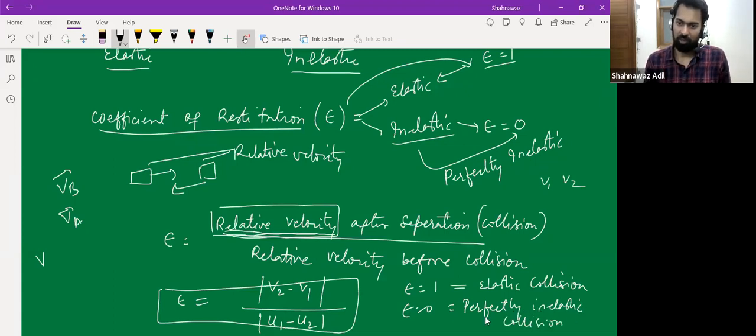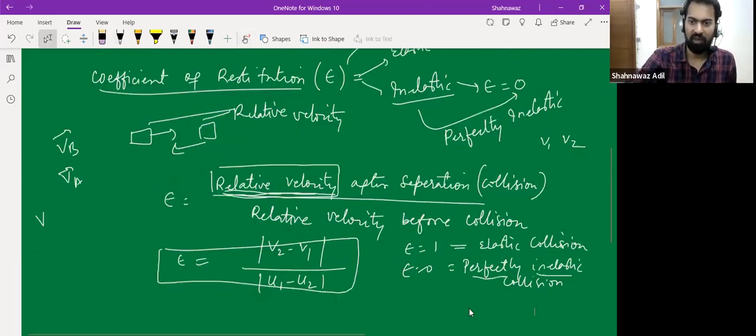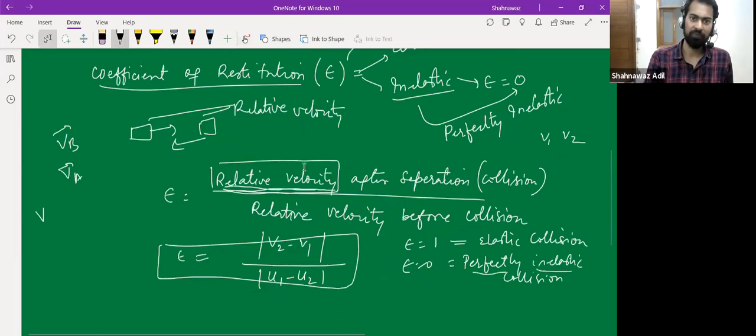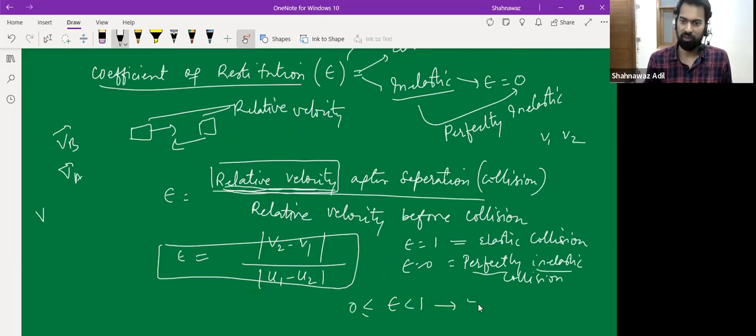And I will talk about this perfectly inelastic collision in a moment. And if you have e between 0 and 1, then this is called the inelastic collision. Right.